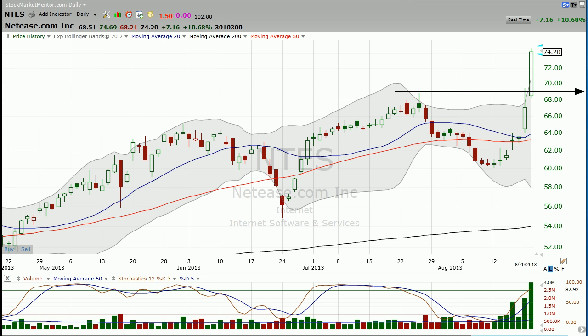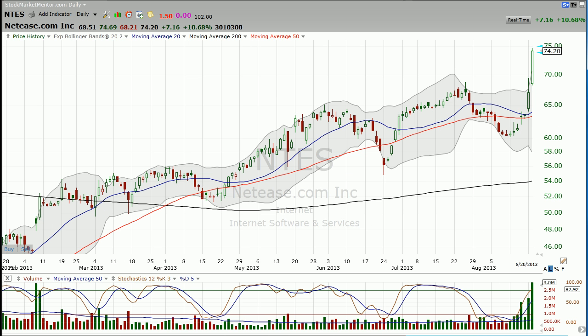So maybe it's not 70, maybe it's 69 or whatever. But the bottom line is you have to identify key levels of resistance and set a price alert. You can do them for free on Yahoo Finance, or you can do them with your broker. I know your broker's software platform has price alert features. And then you have a stock drawn back to your attention.